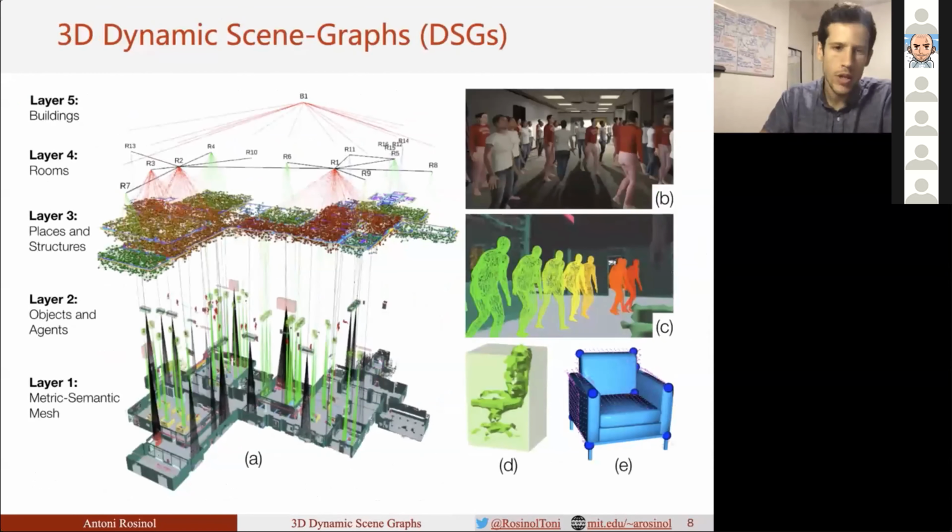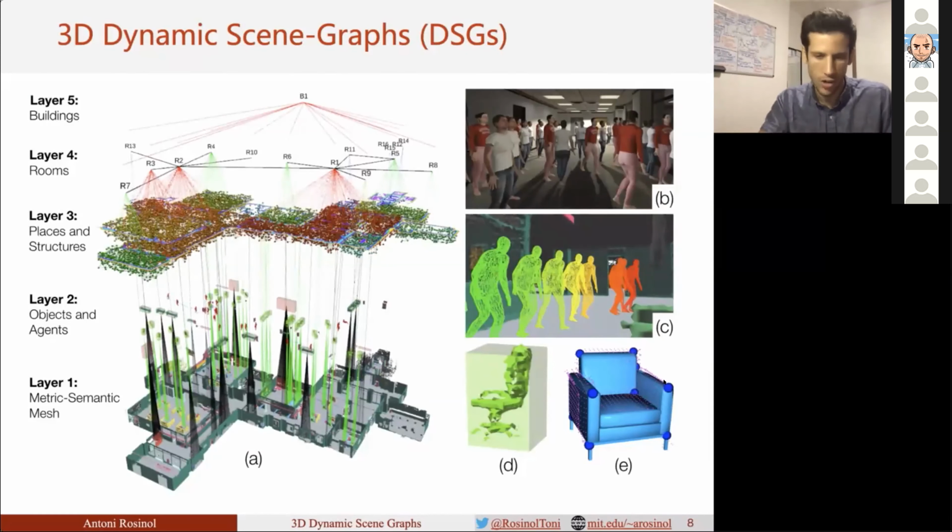In this work, we use a photorealistic simulator to test our approach. On the top right, you can see a rendered image of the scene. We also simulated humans in an office space, thereby allowing for dynamic entities, which creates several challenges that we explain later. And we also have objects in the scene that we try to detect, reconstruct, and encode in our DSG. So let's start by describing layer by layer what a DSG encodes.